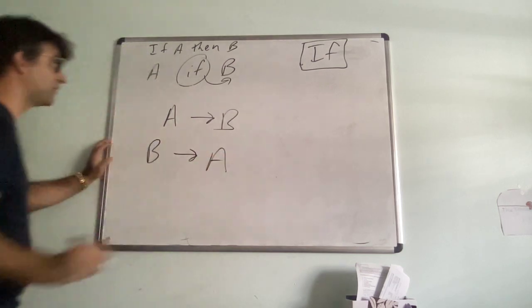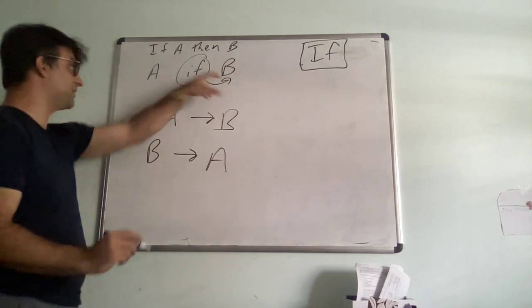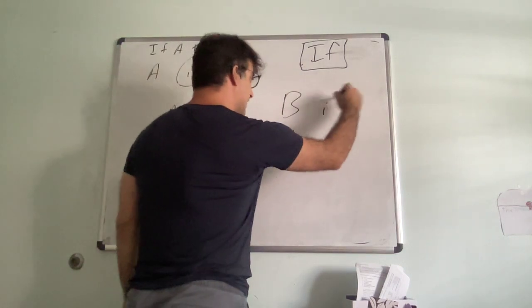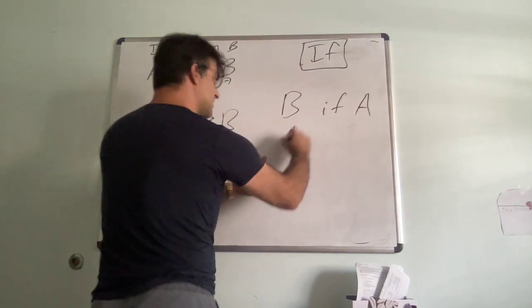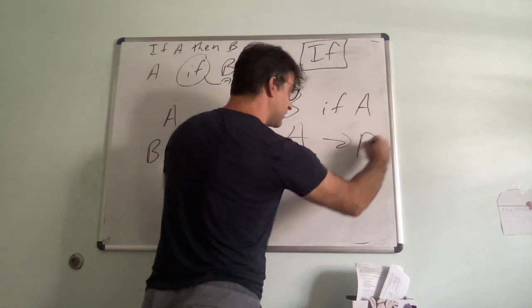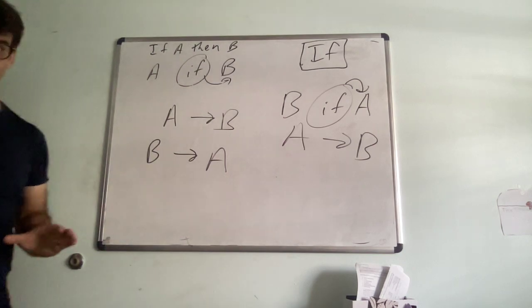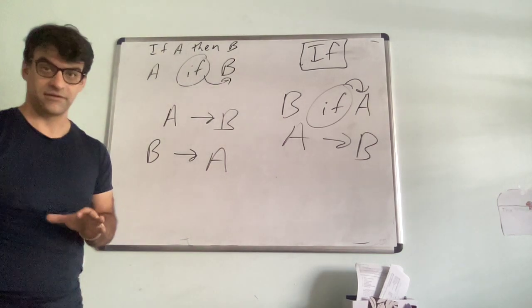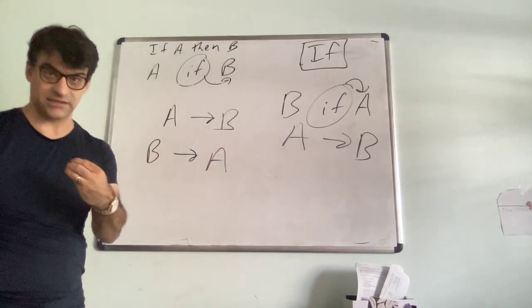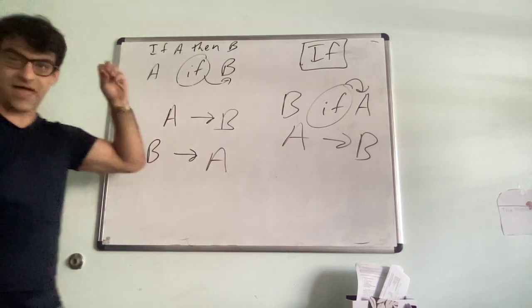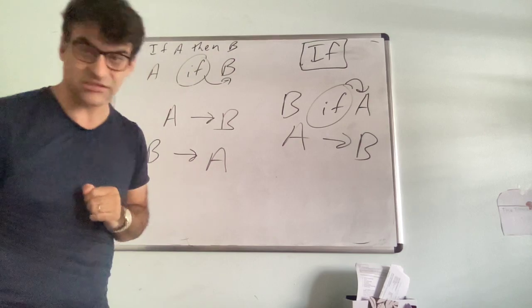Now, I kept the A and B in the right order, right? But if you get B if A, that's the same as if A then B. The point is the if here gets attached to the antecedent. It's an indicator of the antecedent, right? And hopefully you can see that the order is just a stylistic choice in English.